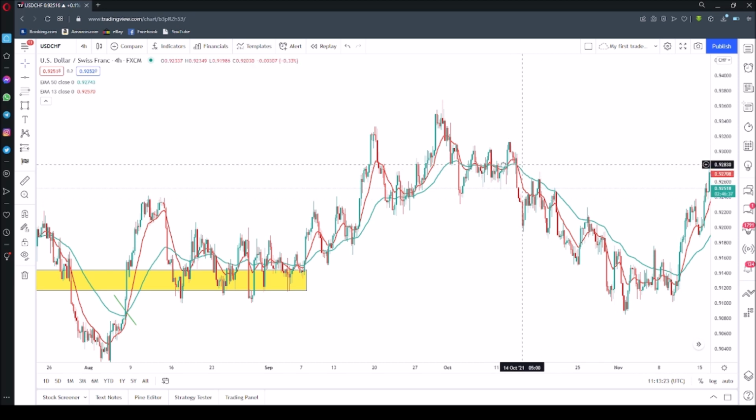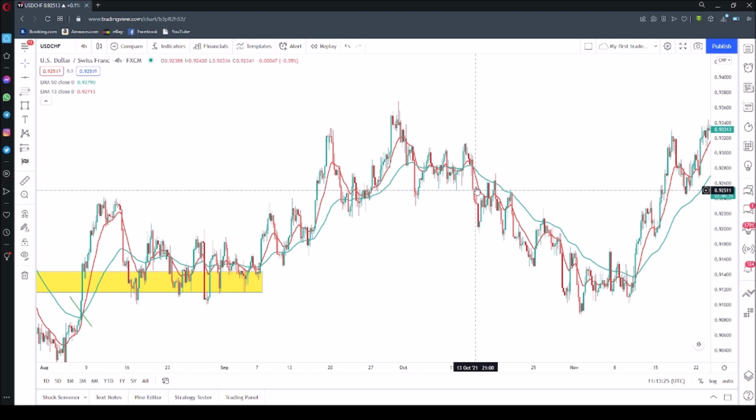Therefore, the next point of entry was going to be an order block above the 50 EMA. This was the last floor, and within the last floor, the last red candlestick was this one. Let's mark it.